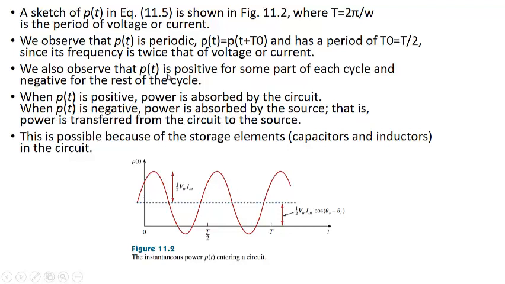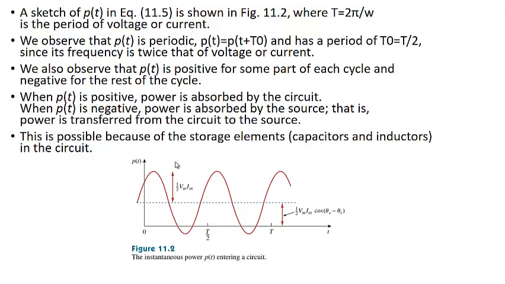We also observe that p(t) is positive for some part of each cycle and negative for the rest of the cycle. You can see over here there is a negative part and there is a positive part as well. The positive part occurs when power is consumed by the circuit element, and power is negative when power is absorbed by the source.